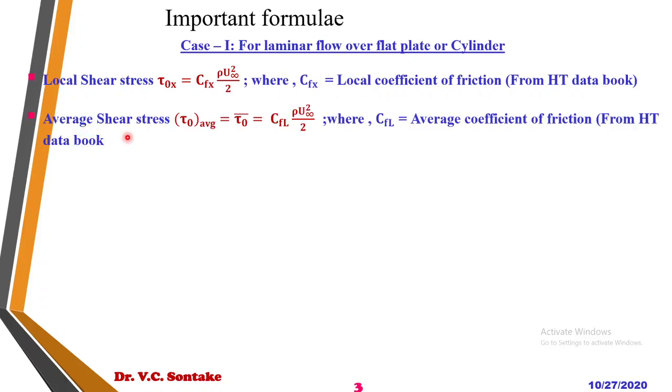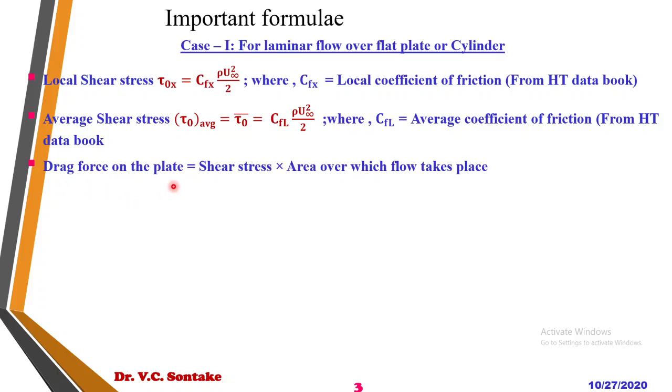Similarly, average shear stress is represented by tau 0 average or tau 0 bar, and it is given as CFL into rho u infinity square over 2, where this CFL, C suffix FL, sometimes also represented by C suffix F bar, is called the average coefficient of friction. Its expression you can also get from the heat transfer data book.